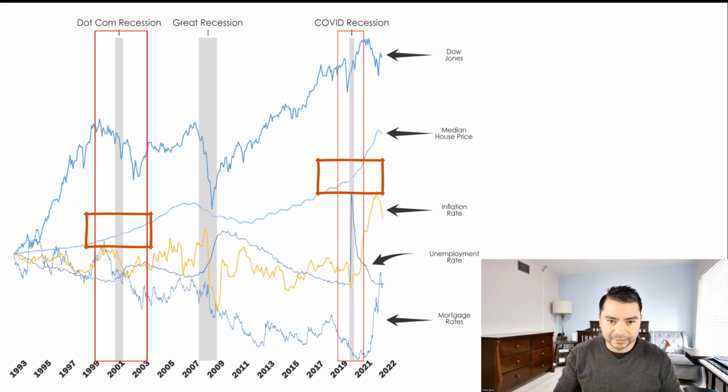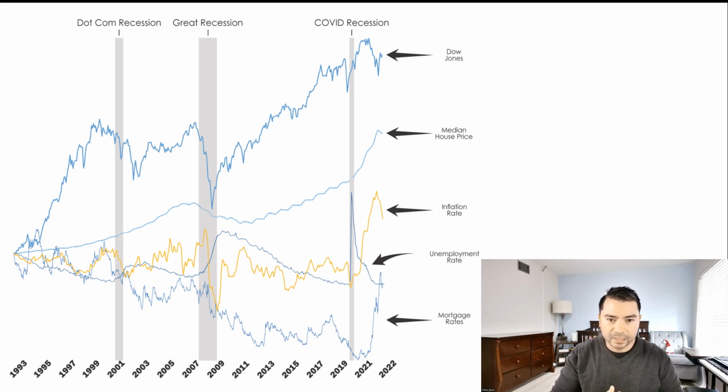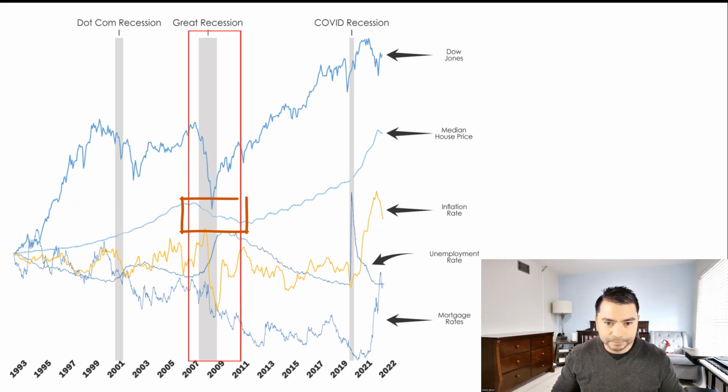And it's very interesting. And I believe, and I know, that the reason why during the Great Recession the median house price decreases is because what caused that recession, those factors were directly related to real estate itself.